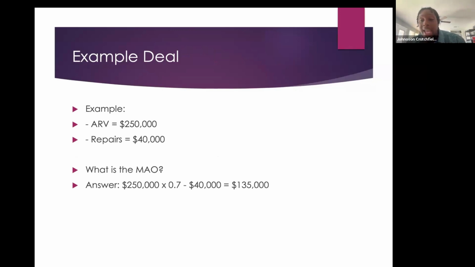I would never go to 80% if I'm in a rural area or an area that's not a good area to sell properties. But if I'm in a hot location where things sell really quick, I might go up to 80%, as long as when I calculate my profit, it still meets my target of $7,500 a month minimum.